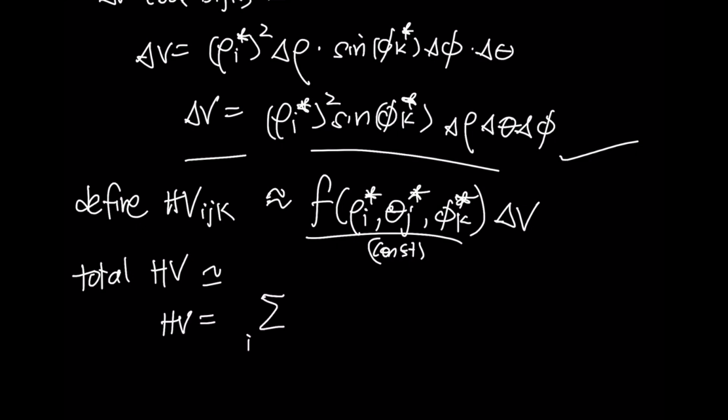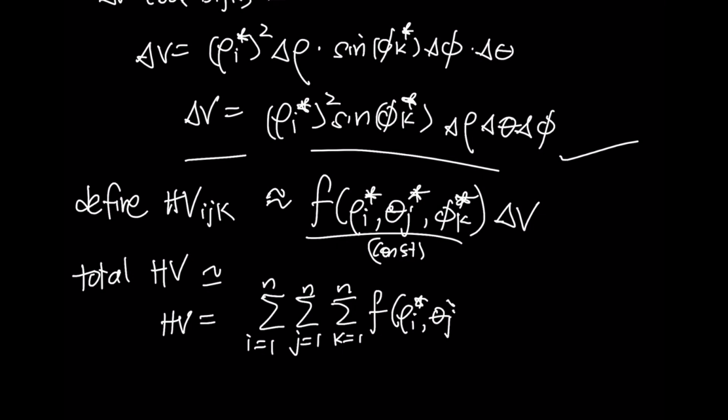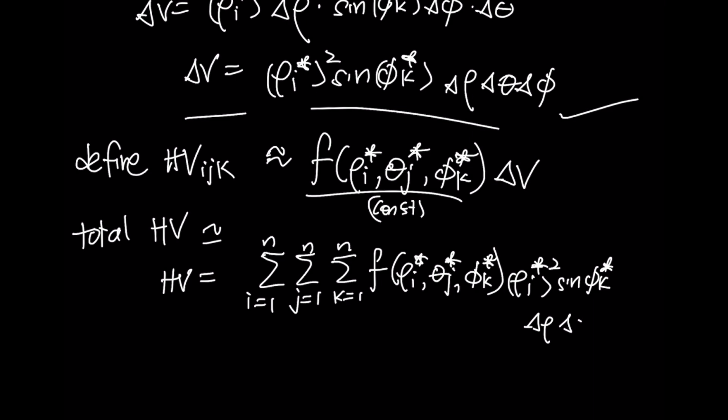The total hypervolume is going to be the sum of all of these boxes. So we'll have a sum i equals 1 to n, j equals 1 to n, k equals 1 to n of the function at that sample point, which lives somewhere in the box, ρᵢ* squared, sine of φₖ*, and then we'll have a Δρ, Δθ, Δφ.